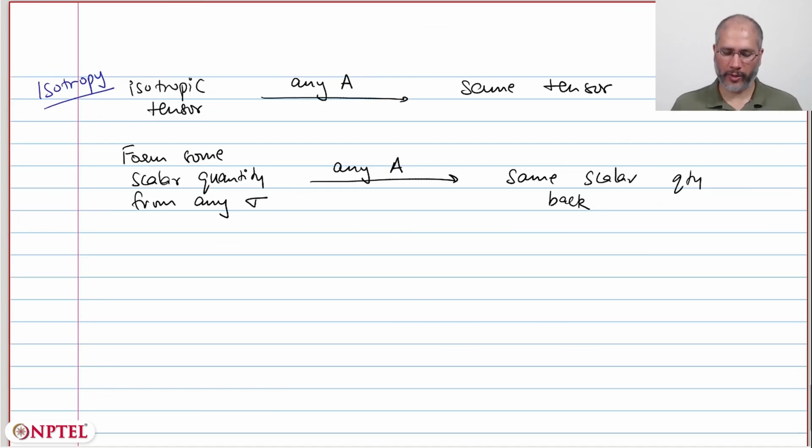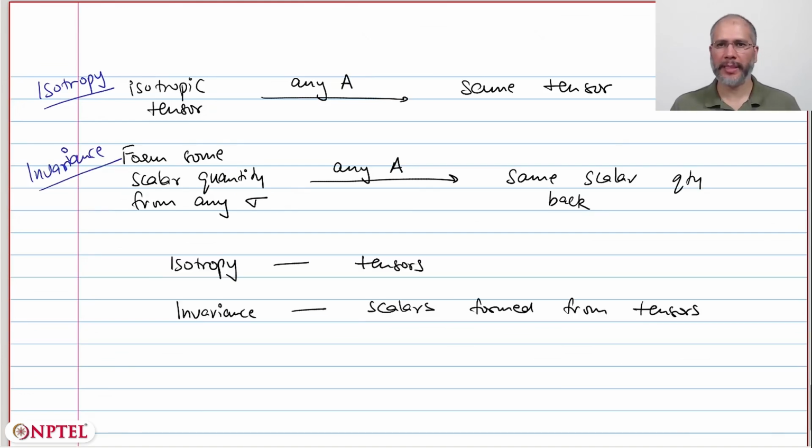So the major difference is that in isotropy, we talk about isotropy of tensors, whereas in invariance, we talk about invariance of quantities or scalar quantities which are formed or synthesized using tensors. Now, invariance is a property which is true for any tensor sigma, whereas isotropy is only true for the particular isotropic tensor we are talking about.